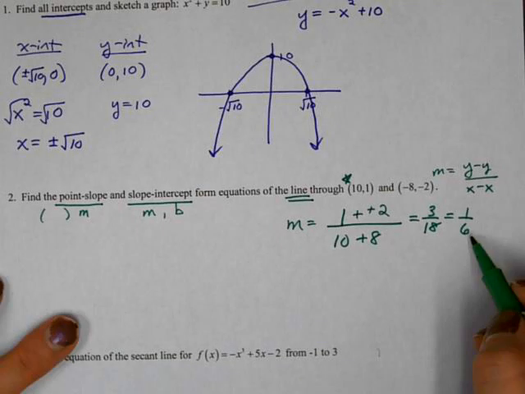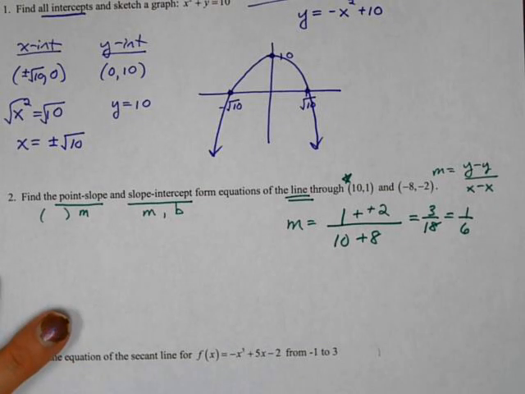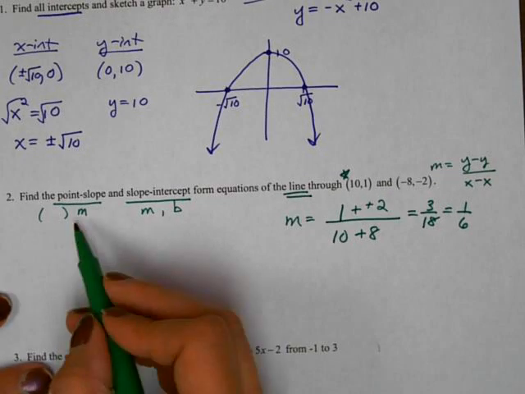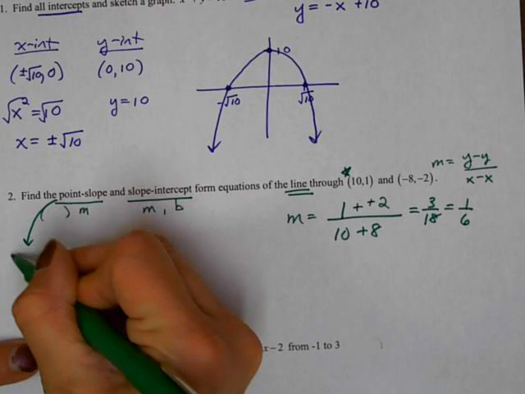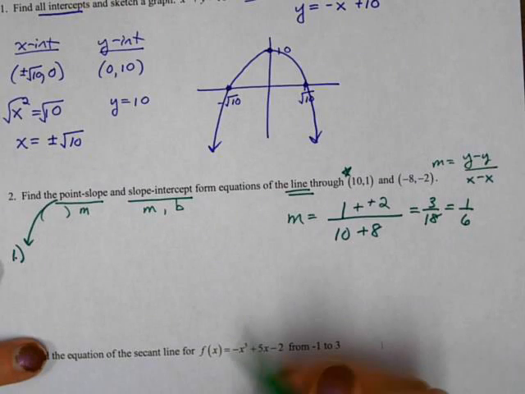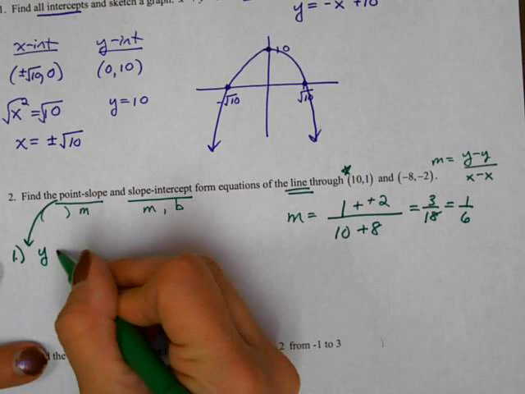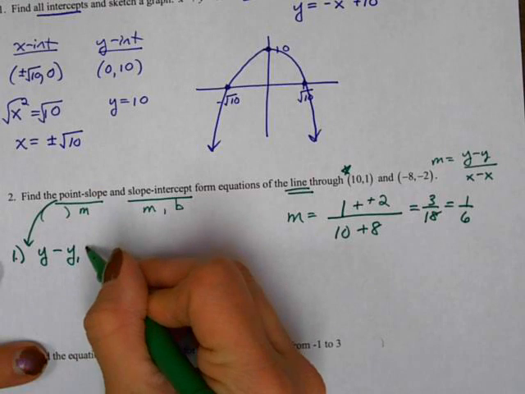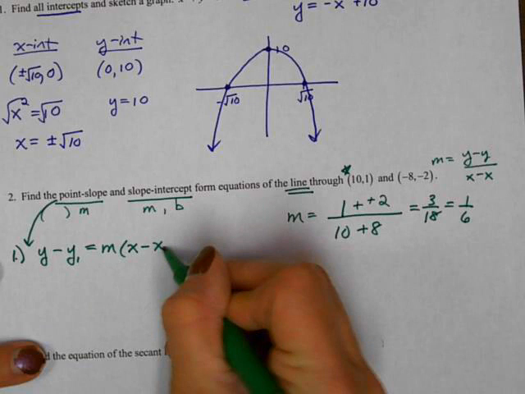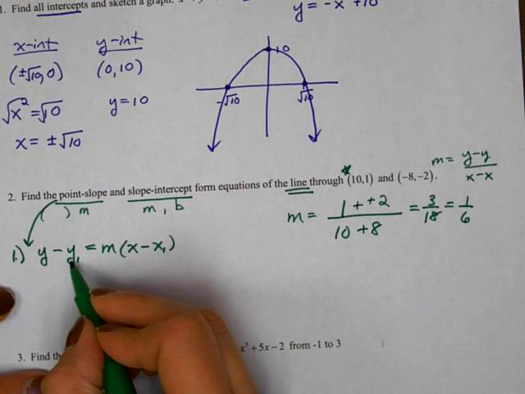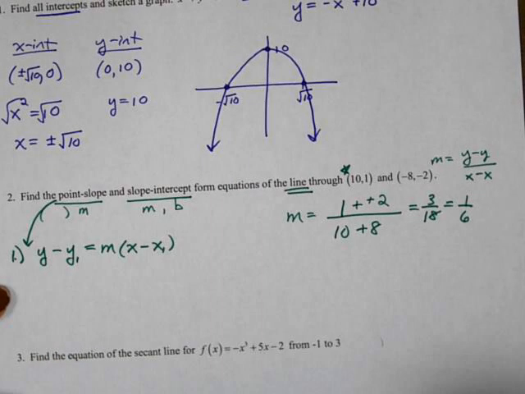So I have an uphill line, a positive slope, and there are two forms of this. The easier one to do is actually start with point-slope. So let's go ahead and do point-slope first, number 1. It's y minus y1 equals m times x minus x1. Y1, x1, that's a point, and then m is your slope.